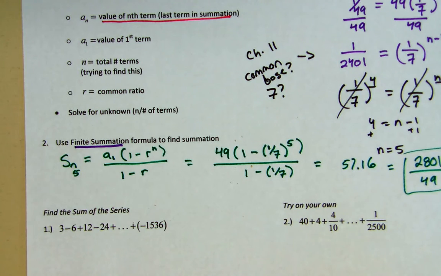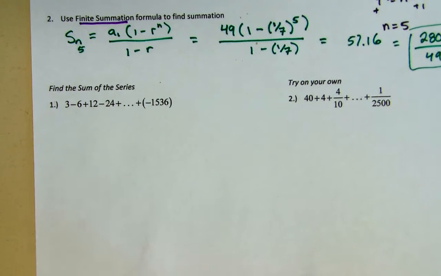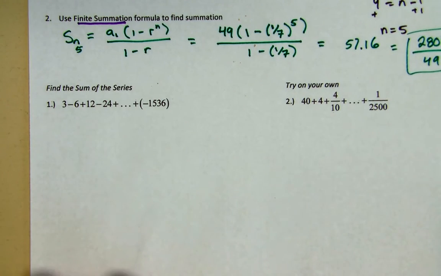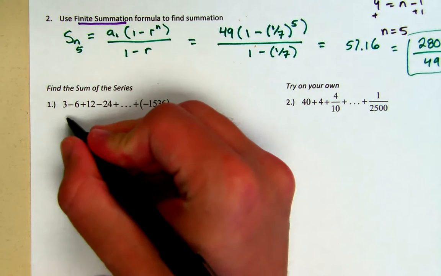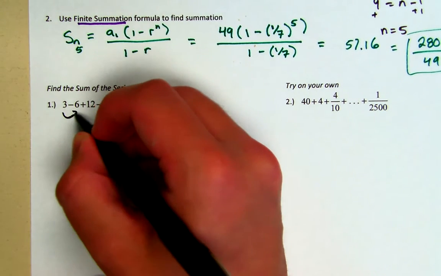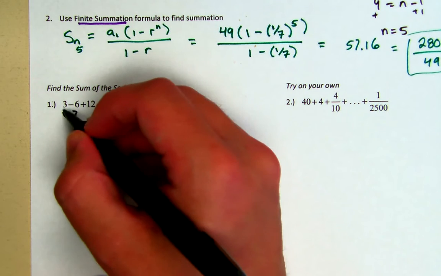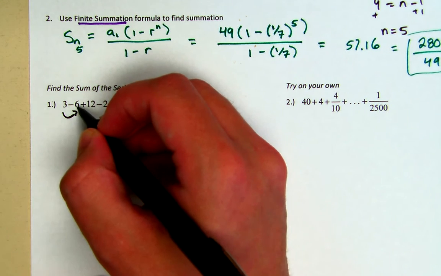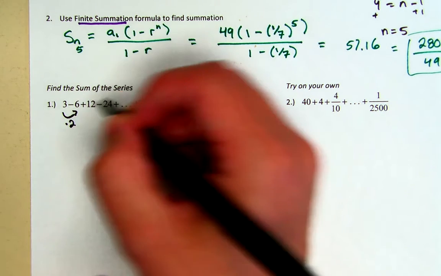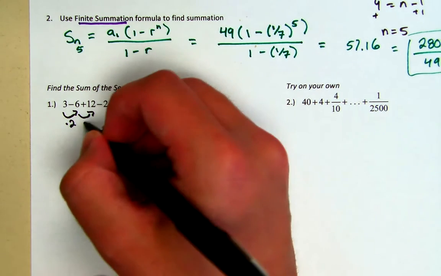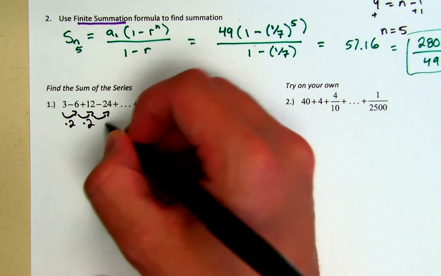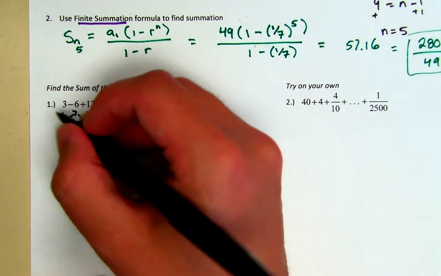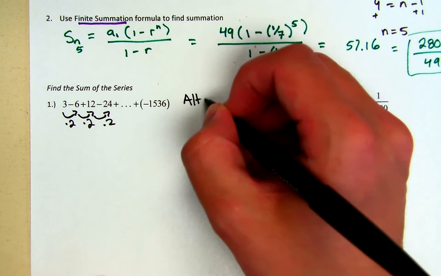Alright, I'm going to do one more with you, and then you're going to try it on your own. So first, ask myself, what kind of series is this? How do I get to the next term? So it looks like 3 to negative 6, I could try multiplying by 2. Multiply by 2, multiply by 2, but notice that it's alternating.